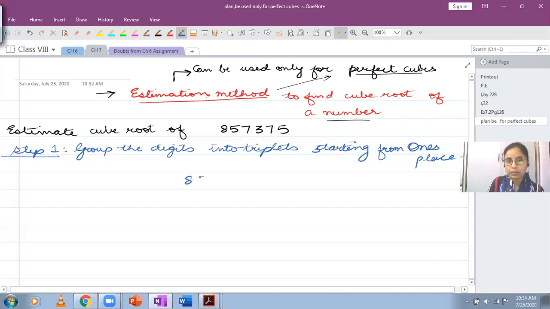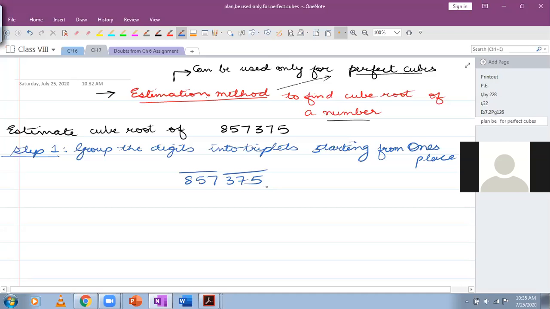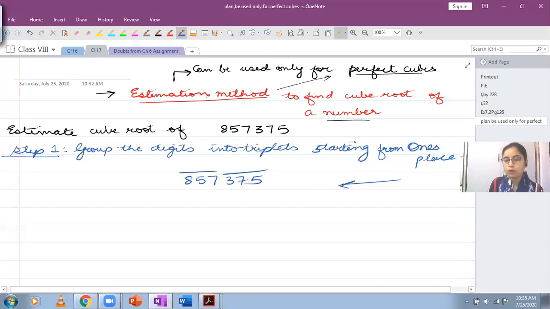So what will happen? I will have these two groups. Remember, the ones place is over here, so you have to go from the right to the left side. This is how you have to do the grouping. So this is group 1, the first group, and this is the second group.